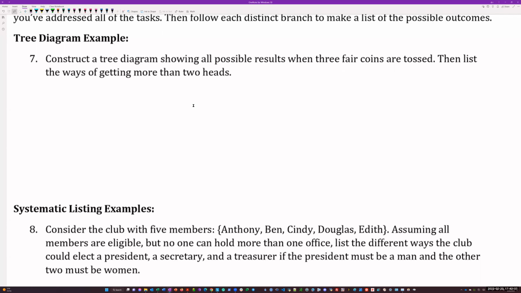So you can get either heads or tails for each one, right? Write out all the possible ways and then tell me how many there are.